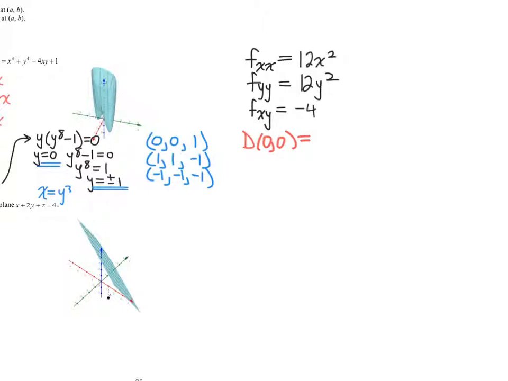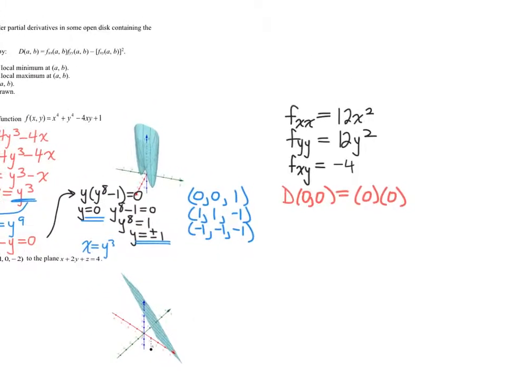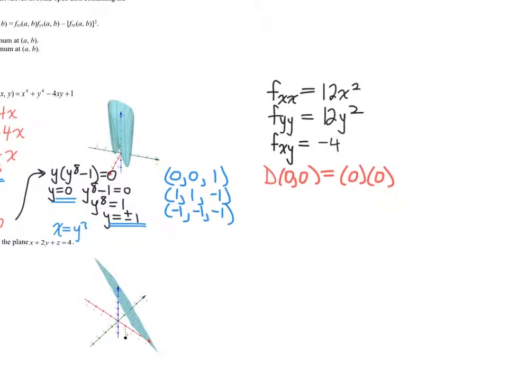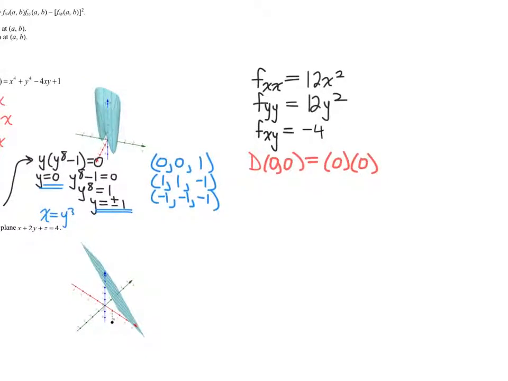So plugging this in for x and y as applicable. Right. So 0 times 0, just trying to be able to point to the formula.